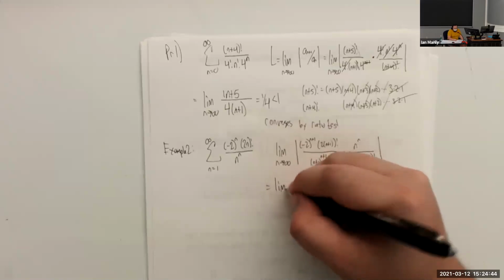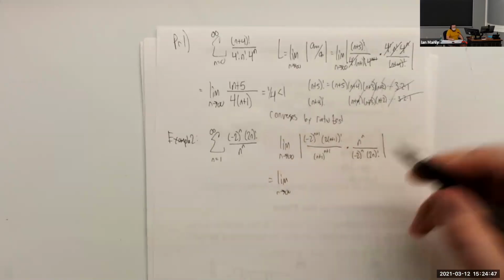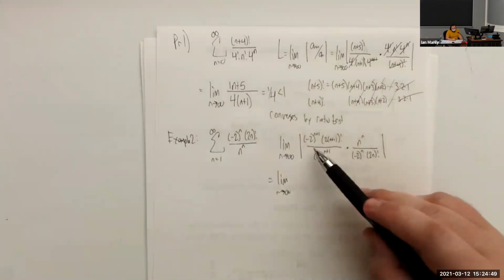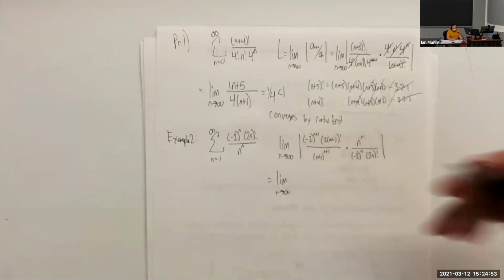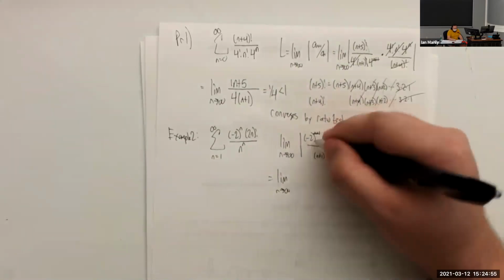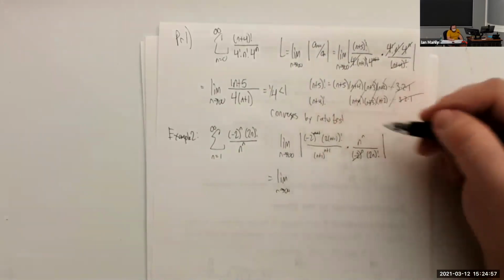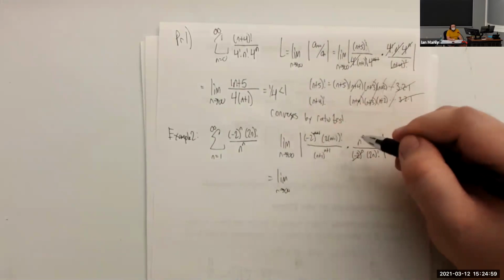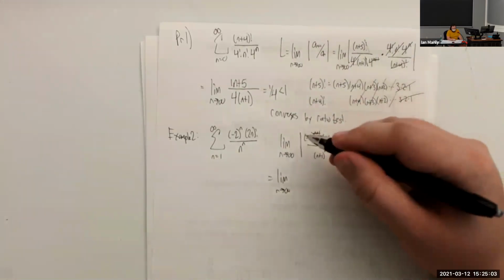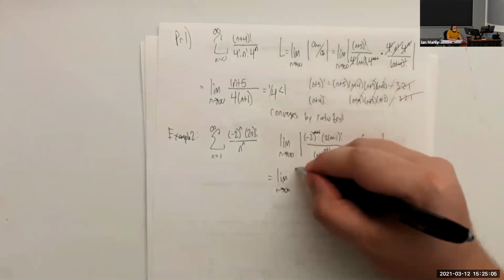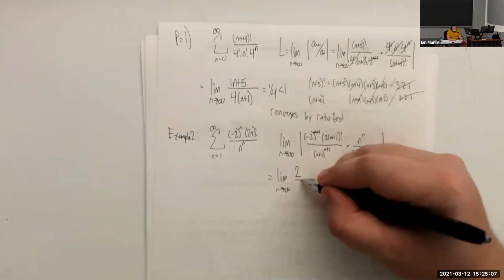Well, we have the usual exponentials here. We have (-2)^(n+1) over (-2)^n. That will just simplify to be -2. And that's the only thing that could potentially be negative here. So I'm just going to get rid of the absolute values, but then write that as a 2.